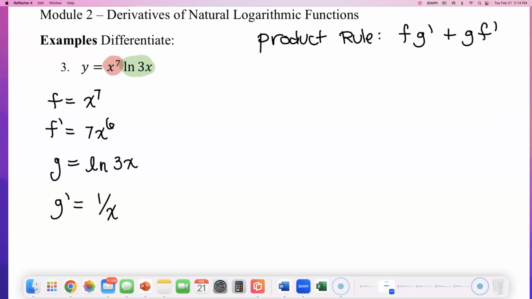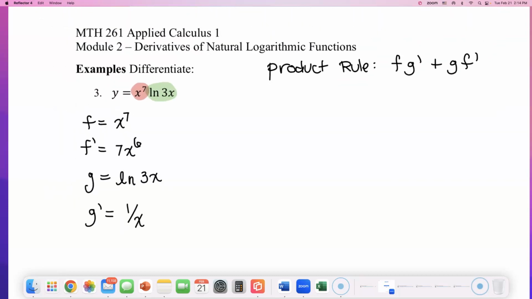Now I'm going to put things together using the product rule. Y prime has to be, well, let's see what's first. First times, where's f? X to the 7th times the derivative of the second. Where is that one? G prime. Oh, that's 1 over x.